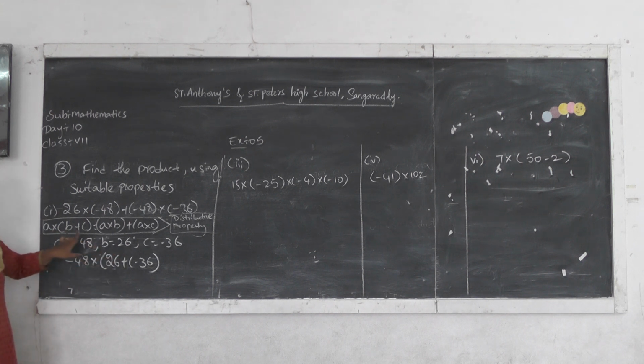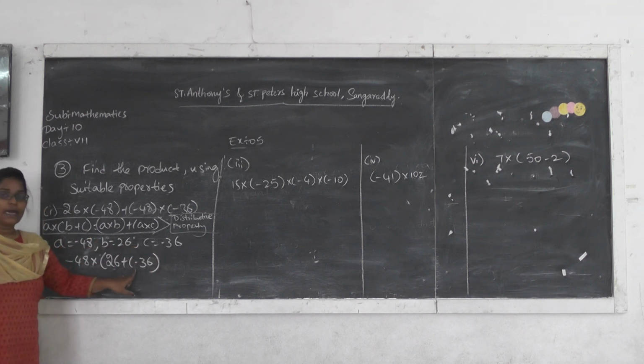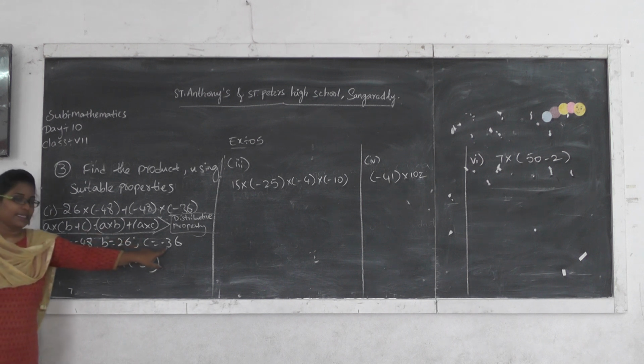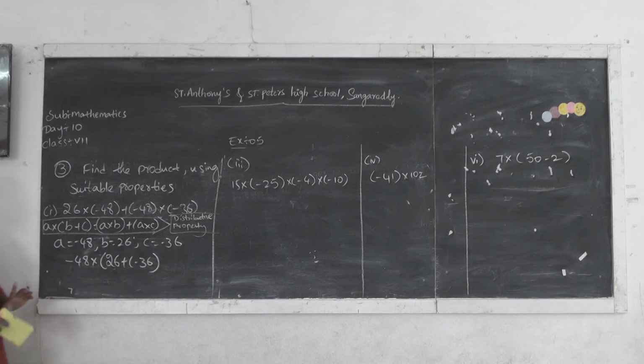Right? 26 plus C. In the place of C, what is it here? Minus 36. Are you able to understand? In the place of A we assumed minus 48 according to the question.